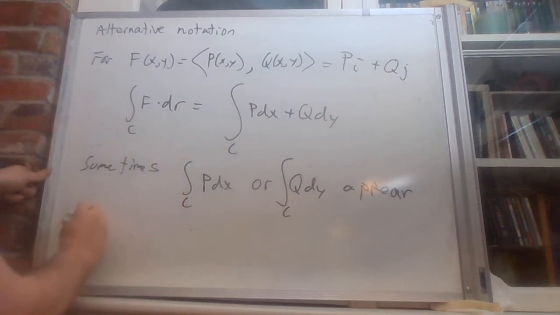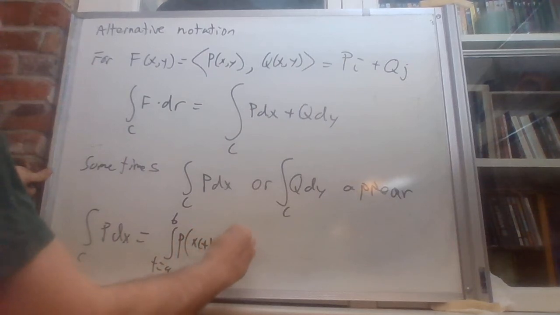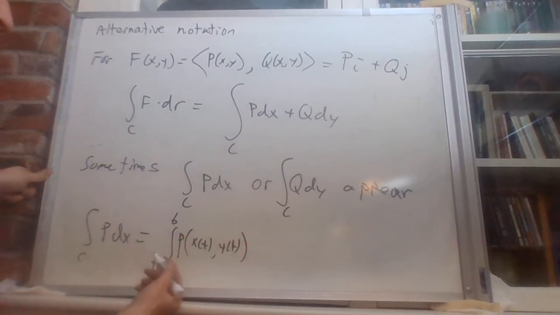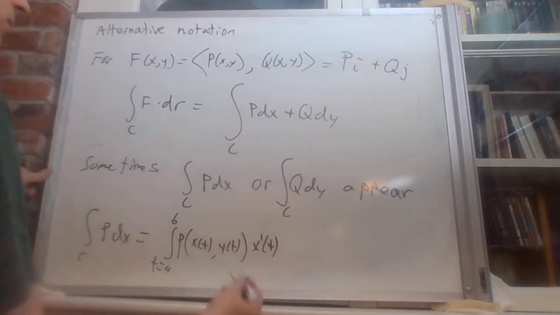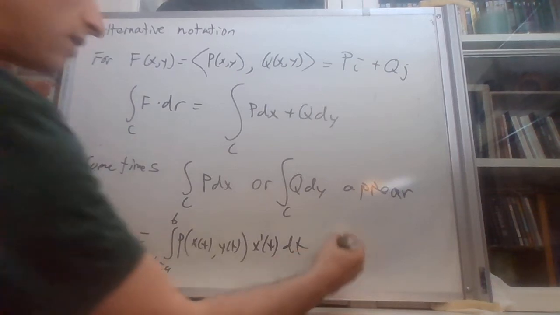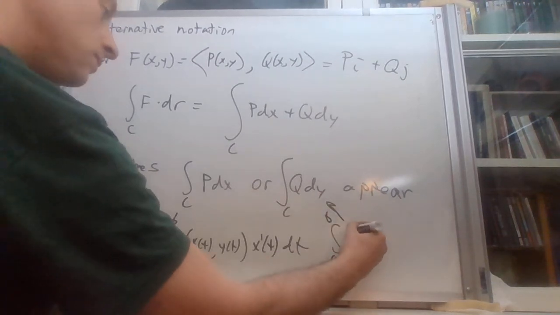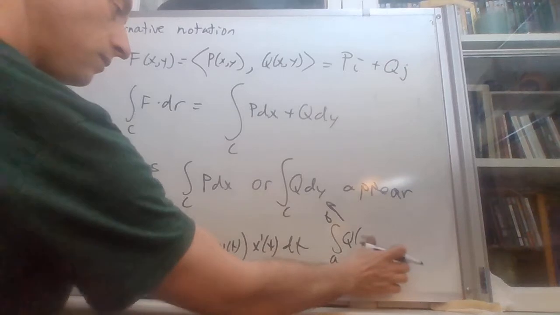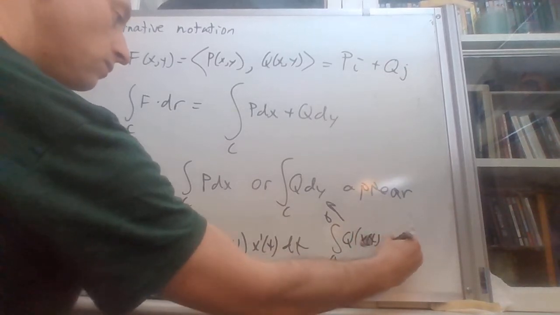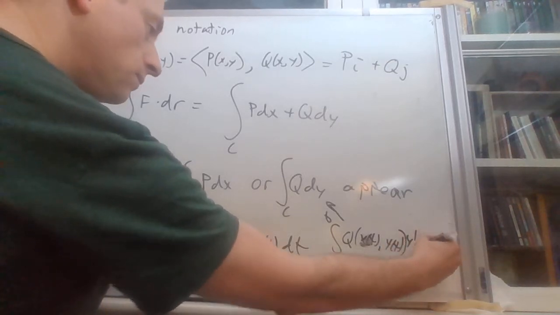And what this means exactly is the integral t goes from a to b of p with x of t, y of t, that's what you get when you have r of t plugged in, times x prime of t dt. And then this one means the integral t goes from a to b of q with r of t plugged in, times y prime of t dt.